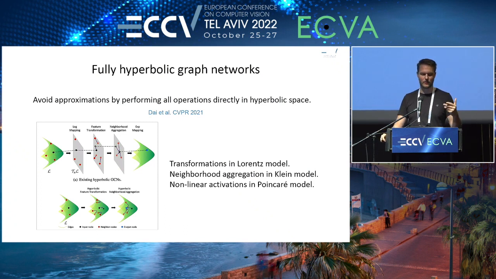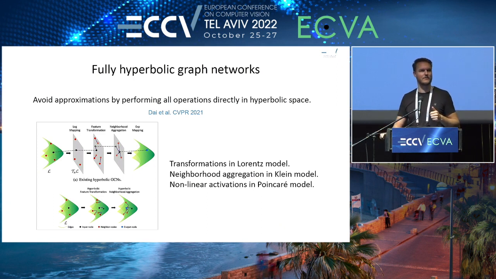So what they did was they stayed in hyperbolic space. And there you see the knowledge of all the different models coming to your advantage, because they assumed points are in hyperbolic space, but you need to do a few things, right? You need to do a transformation, a neighborhood aggregation, and you need to do some nonlinearities.